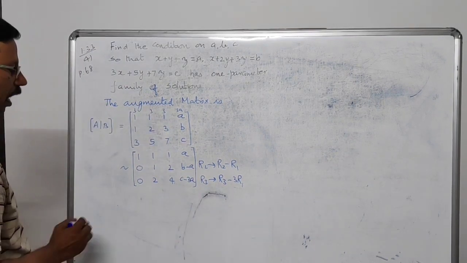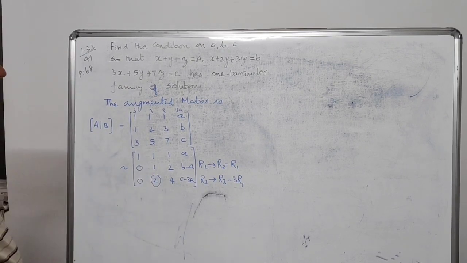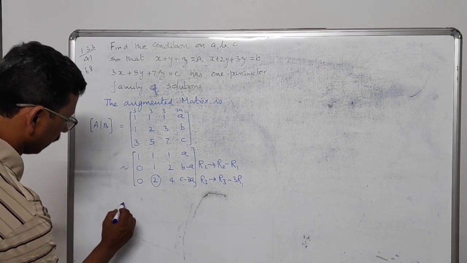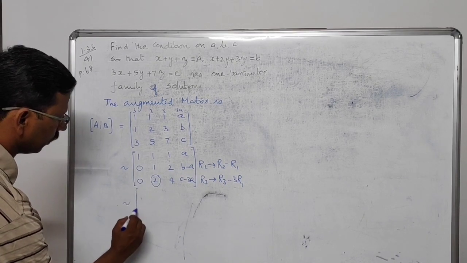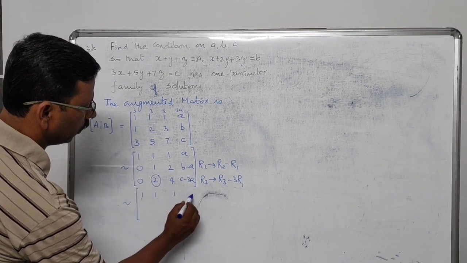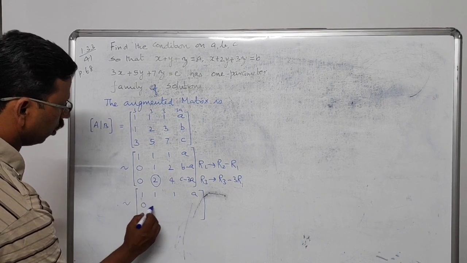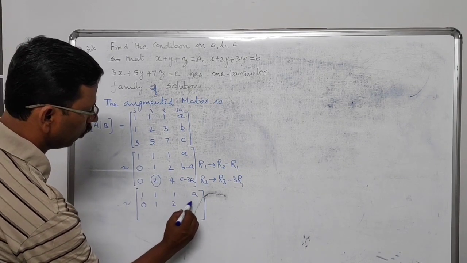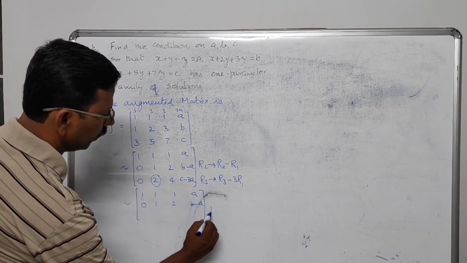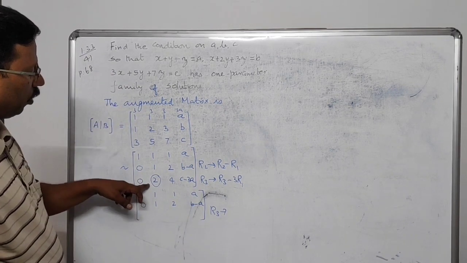After that, we want to make this element 0. Let me write here itself. First row 1, 1, 1, A. Second row as such 0, 1, 2, B minus A. For the third row, we want to make this 0, so we have to use the previous row.